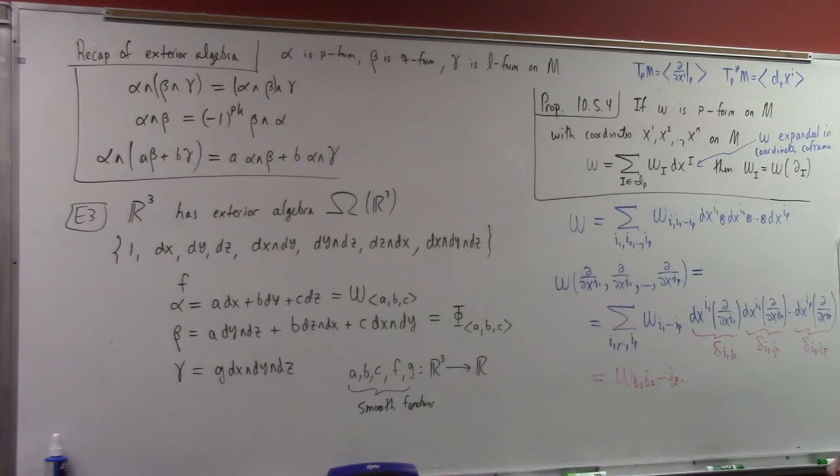The claim of the proposition is just that the components of a differential form you can obtain by simply evaluating the differential form on the coordinate frame, provided you've written the differential form in the coordinate coframe.